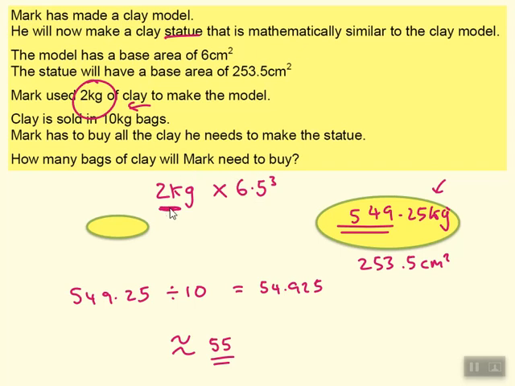So you just treat that as a volume. You multiply it by 6.5 cubed. That tells you kind of how much clay you need for the larger one. And because bags come in size of 10 kilograms, you kind of just need to divide that by 10. But you can't buy 54.9 bags, so you're going to have to buy 55. And that's the answer. And I hope you kind of got that.